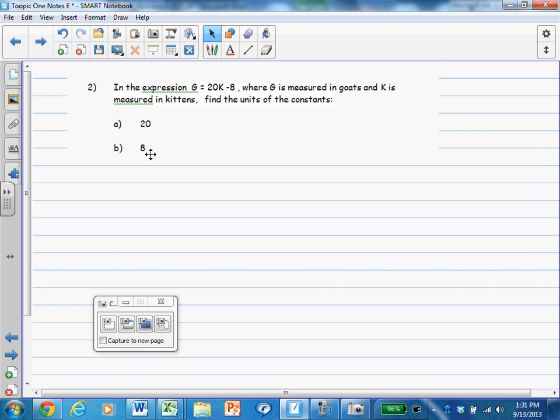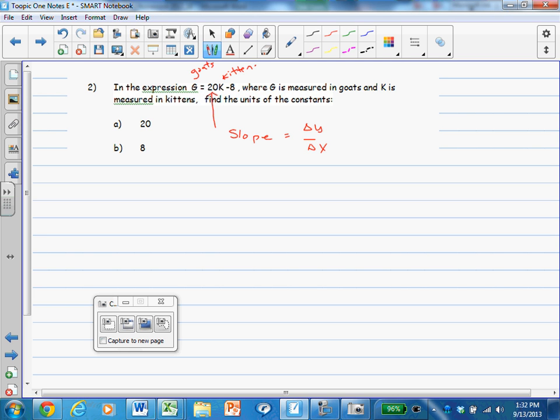So in the problem, what does the 20 represent? It's a slope. Now slope we know is like change in y over change in x, right? So what would be the units on 20? If our y is g, so that's goats, and k is kittens, what would be the units on our slope 20?